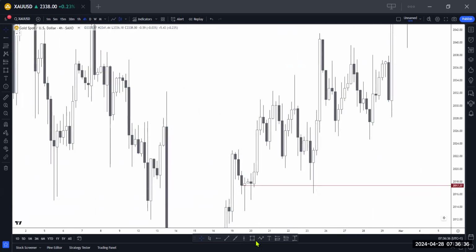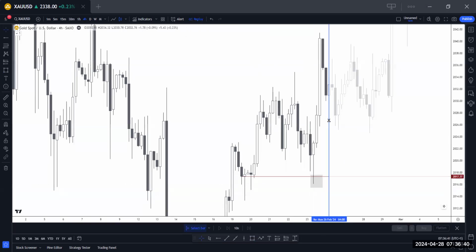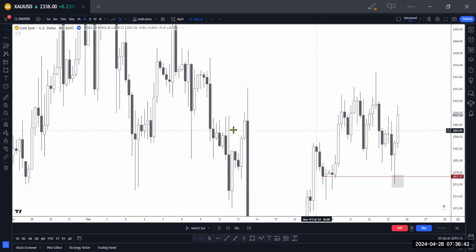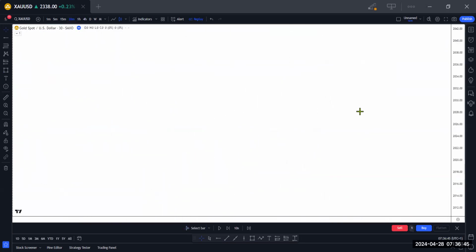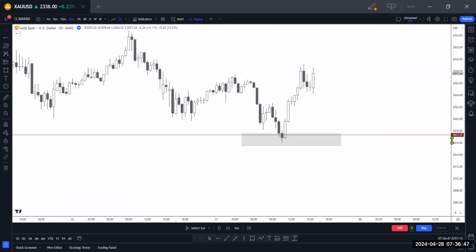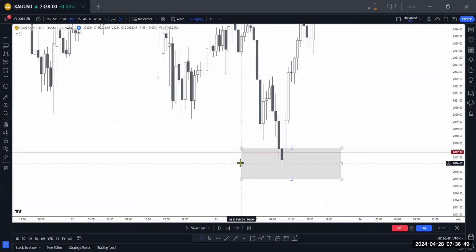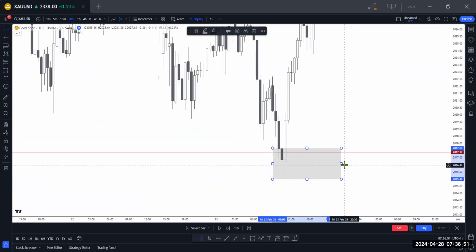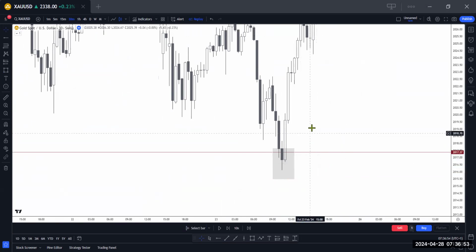SNR level, price start, okay? So M30, right? Now, what are we looking for on the M30? Two-time breakout, right? Did we get it? No.